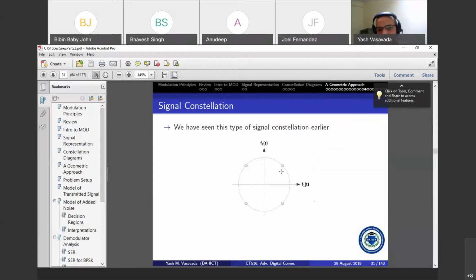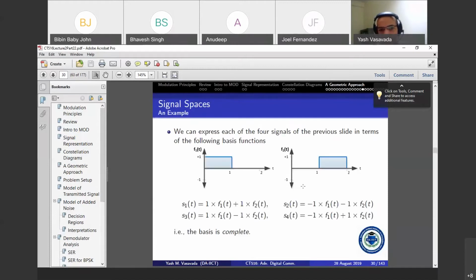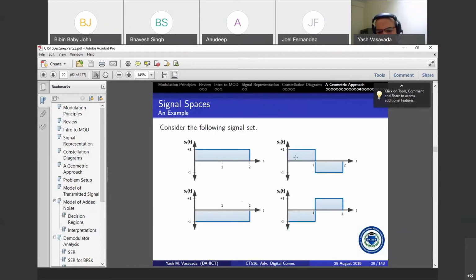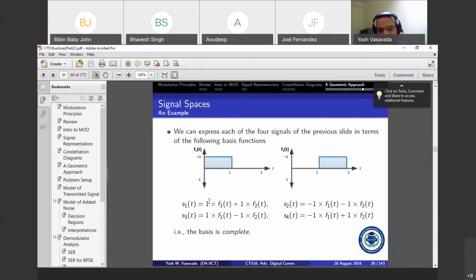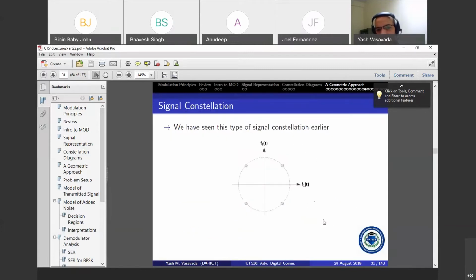And they turn out to be nothing else but QPSK modulation. So F1 of t is the rectangular pulse defined like this. F2 of t is this rectangular pulse. And then these 4 signals have the coordinates 1, 1, minus 1, minus 1, and so on. So if I put it on a constellation diagram, it gives me the diagram of a QPSK symbol.